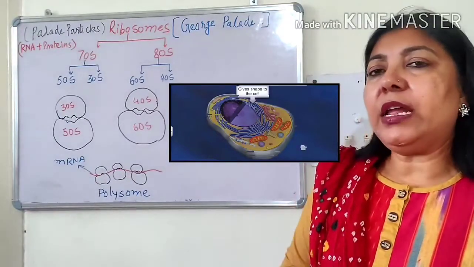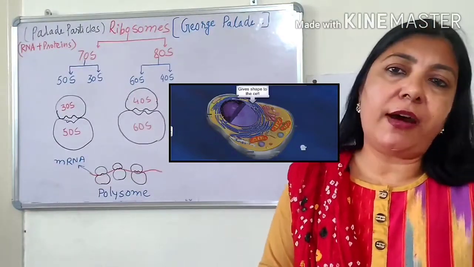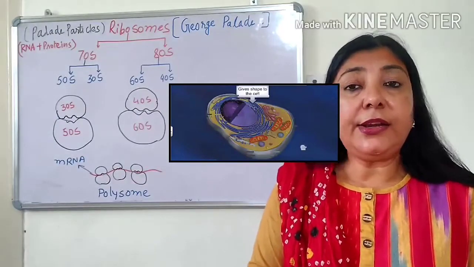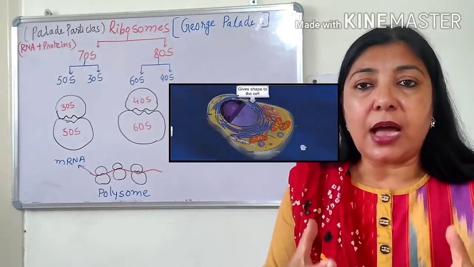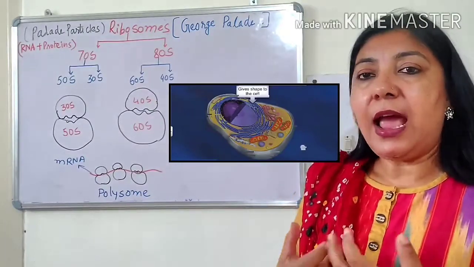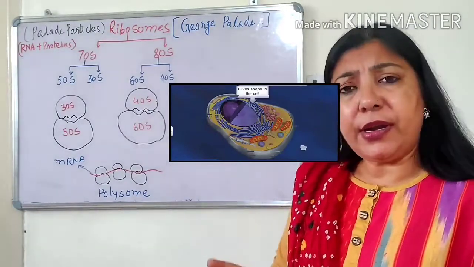And they are actually made up of combination of RNA and proteins. Later on, it was found out that these Palade particles are ribosomes, and they are of different types.